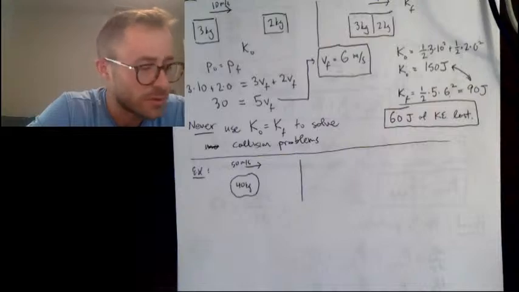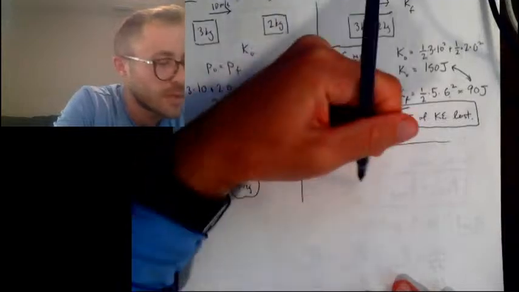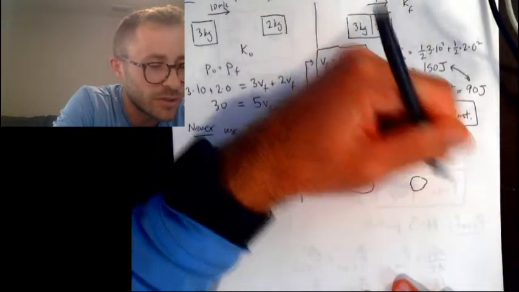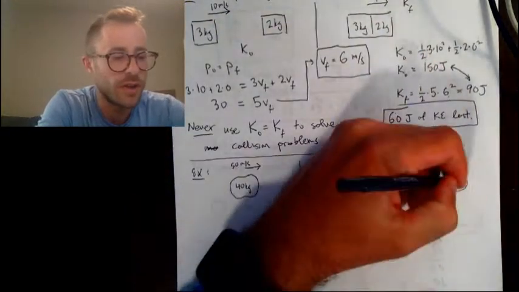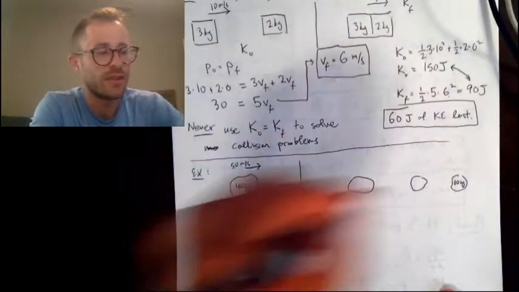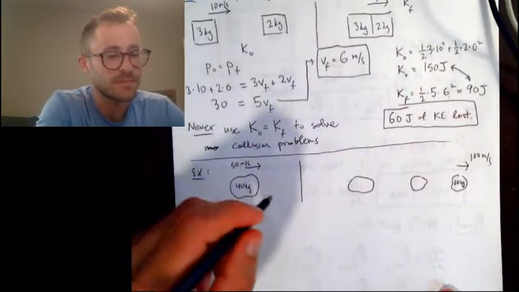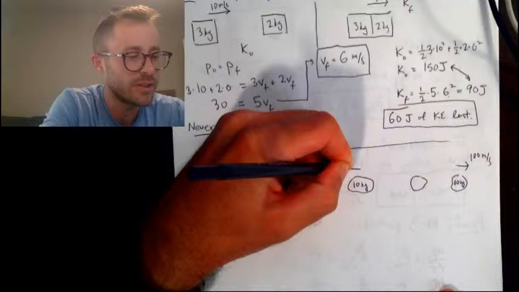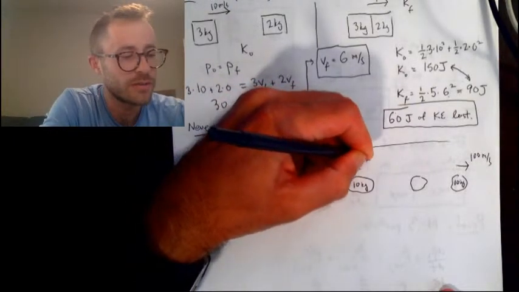It blows up and breaks into 3 chunks. There's a 10 kilogram chunk here that is sent this way at 100 meters per second. There is another 10 kilogram chunk here that is sent this way at 30 meters per second.